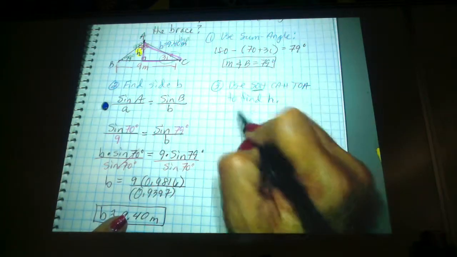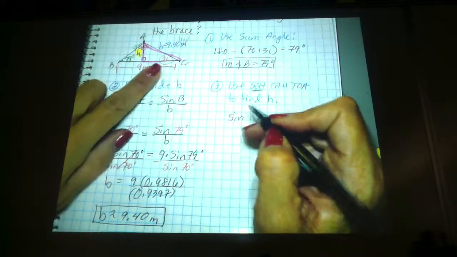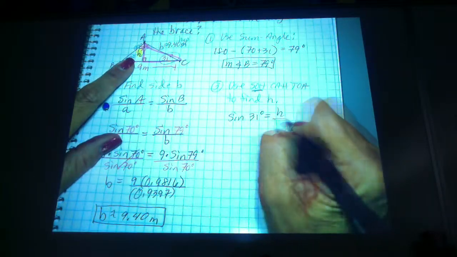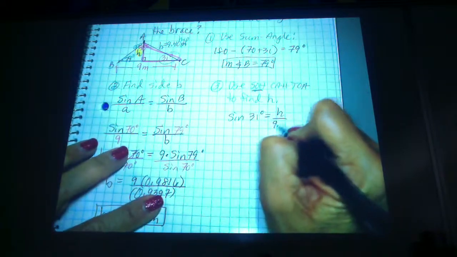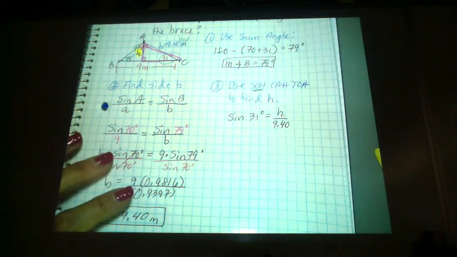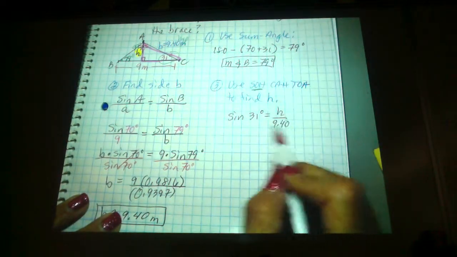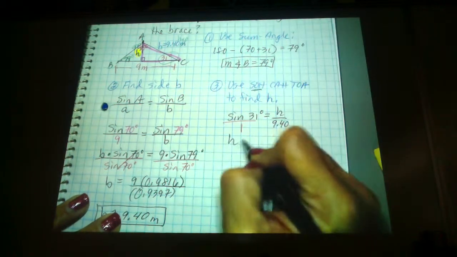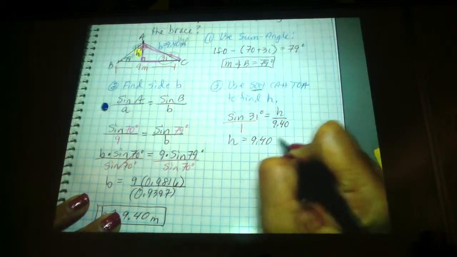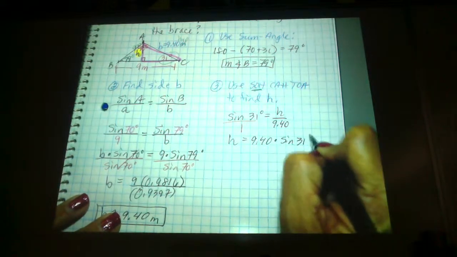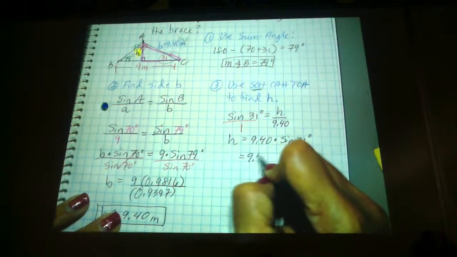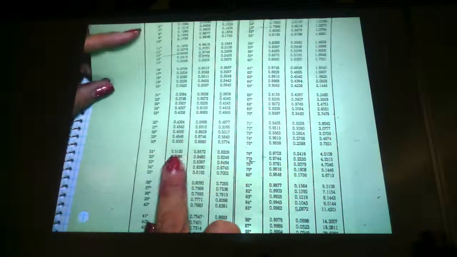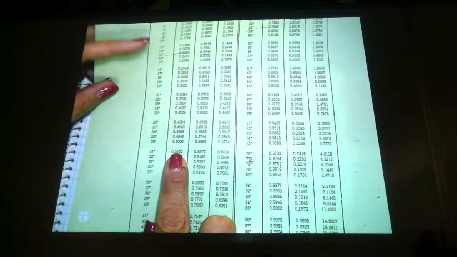So I have the sine, I know my degrees is 31, equals opposite H over the hypotenuse, which is 9.40, or just 9.4. Since your unknown is in your fraction, turn this into a proportion and cross multiply and solve. So you get H is equal to 9.40 times the sine of 31 degrees. So we've got 9.40 times, let's find the sine of 31 degrees, 0.5150.